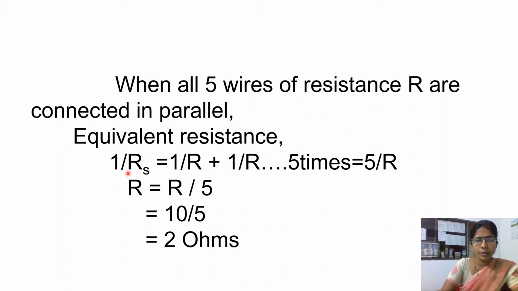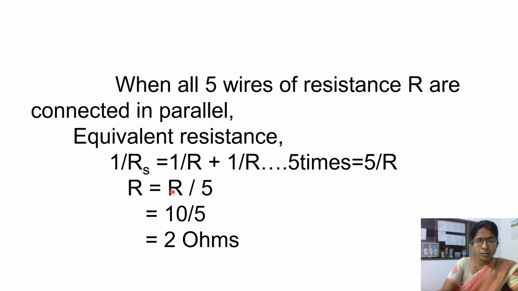So 1/Rp is equal to 1/R plus 1/R, and so on for 5 times, since 5 wires of resistance R are taken. This sum will be equal to 5/R, since the denominators are the same and they are like fractions: 1/R plus 1/R, 5 times, will be equal to 5/R.